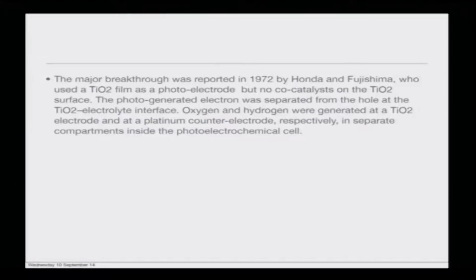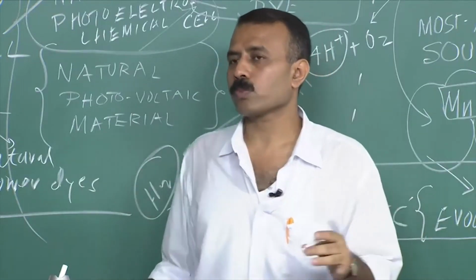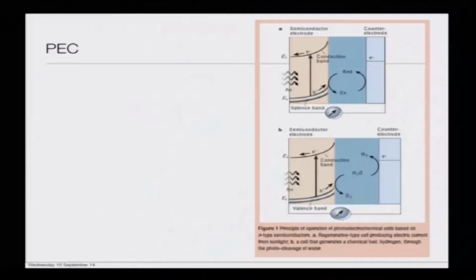So, this was the first evidence where titanium dioxide could split the water, with oxygen and hydrogen generated at a titanium dioxide electrode and a platinum counter electrode respectively, in separate compartments inside the photoelectrochemical cell.